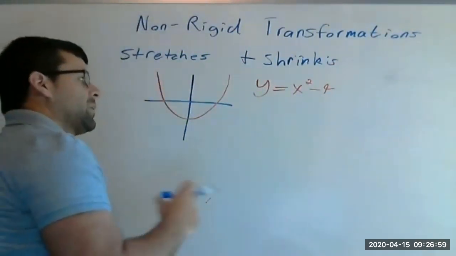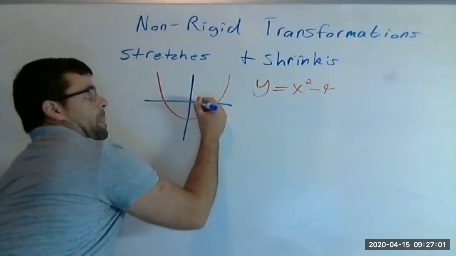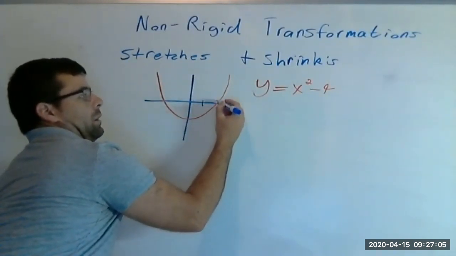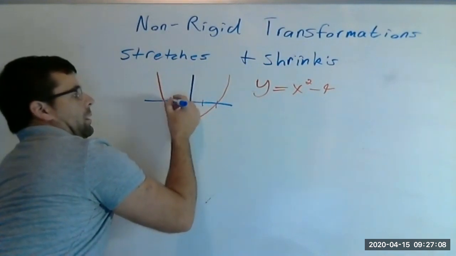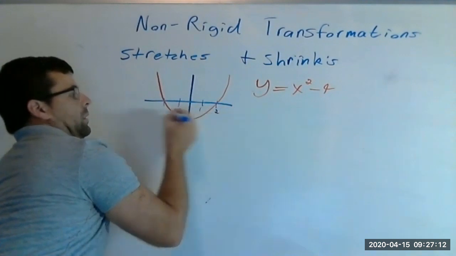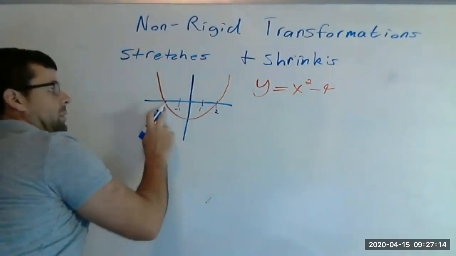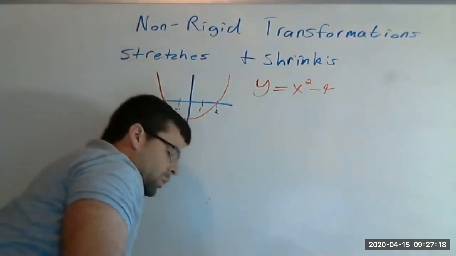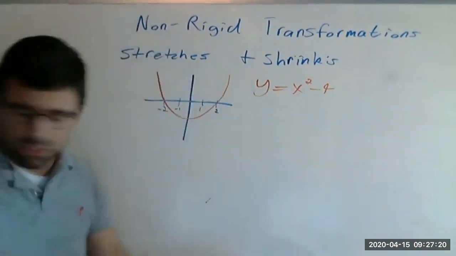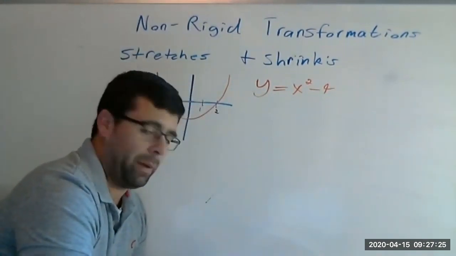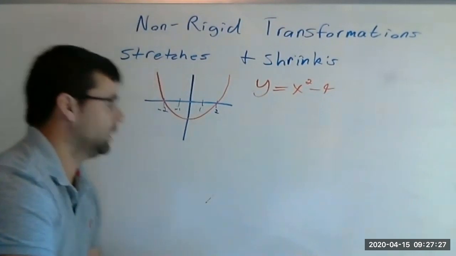If we want to make the graph skinnier, and let's say our graph looks like this, one way we can make the graph skinnier is if we make the graph paper wider.